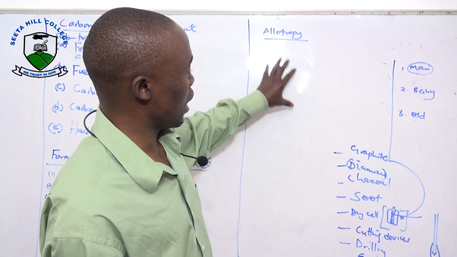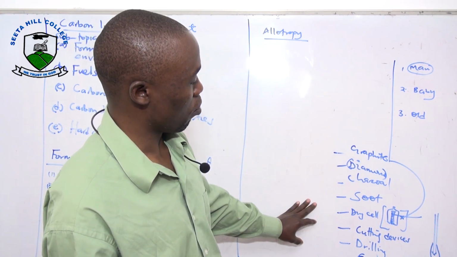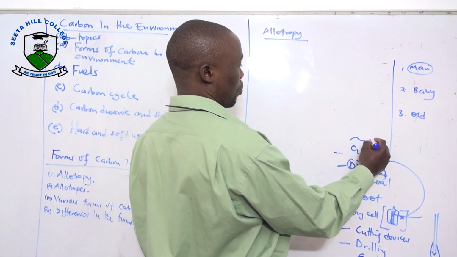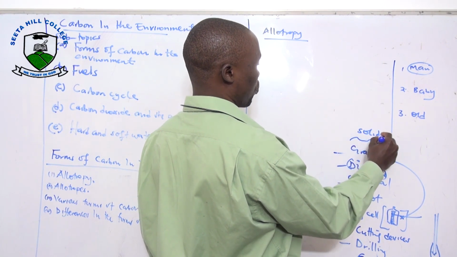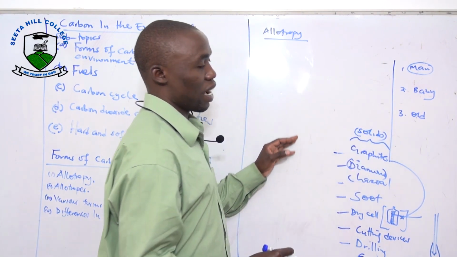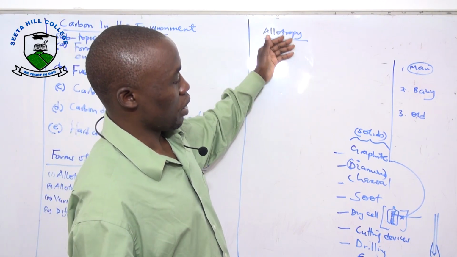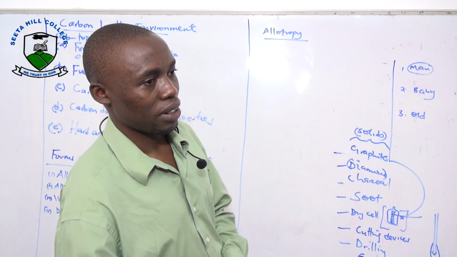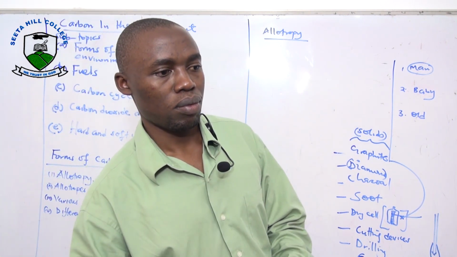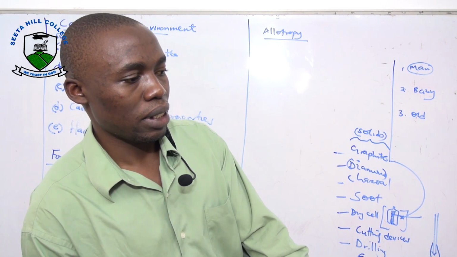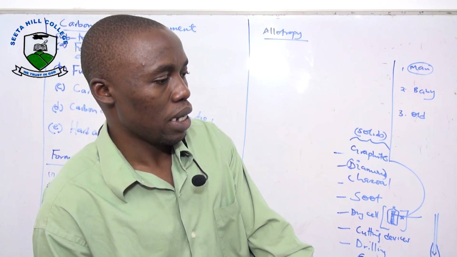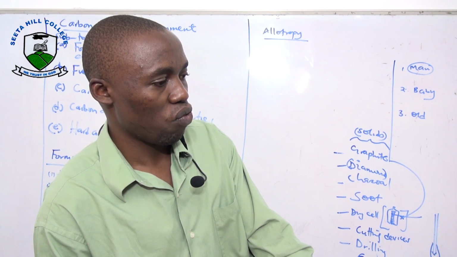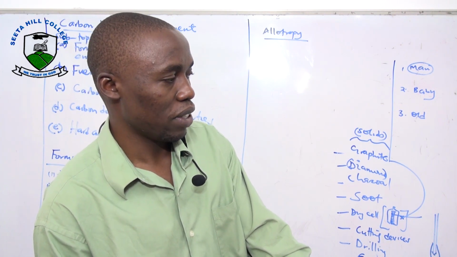Now, carbon exists in very, very many forms, but still is a solid. Are these solids? They are solids, not so? That's where we are getting our definition here: allotropy is the existence of an element in more than one form, but the same physical state.